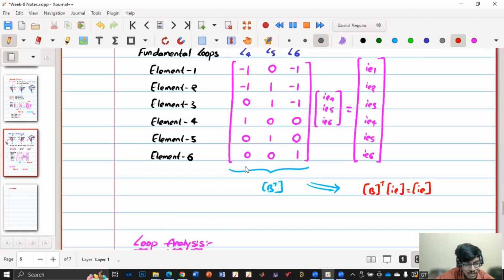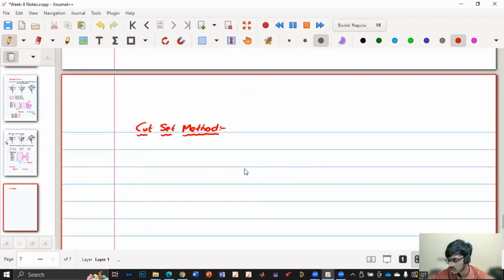Similarly, here we have cut set. What is a cut set and what is a fundamental cut set?